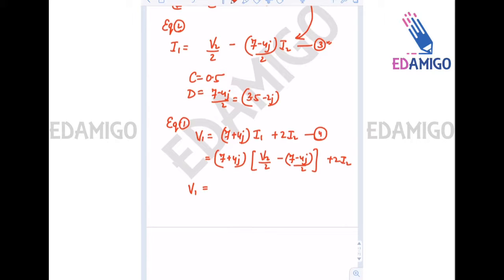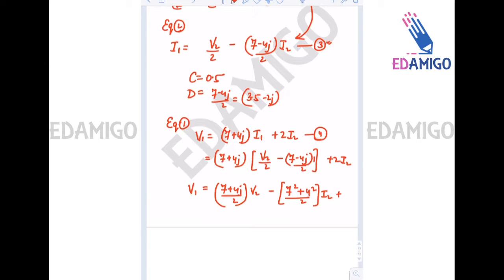So V1 is equal to (7 plus 4j) divided by 2 V2 minus (7 square plus 4 square) divided by 2 I2 plus 2 I2.